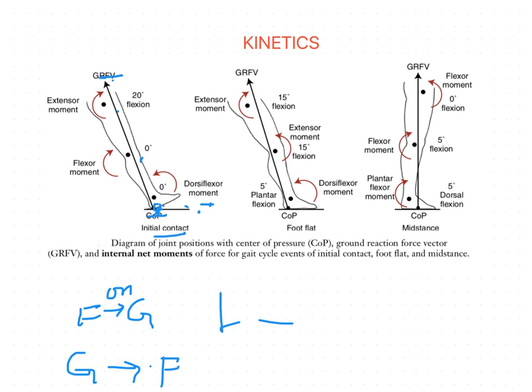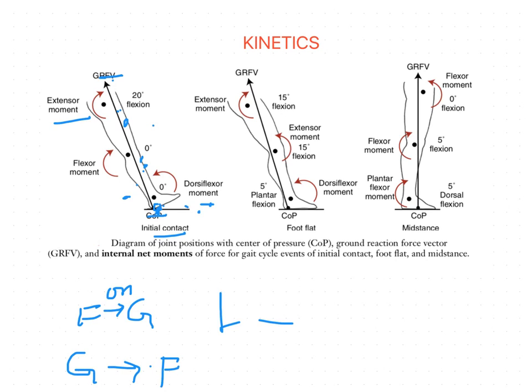So then what are the moments which are going to take place here at the knee, which causes flexor moment, and at the hip it is causing flexion actually, and the internal force, which is opposite, is the extensor moment. Here also at the knee it is causing extension because of the proximal movement of the femur. So the internal force here is the flexor moment.